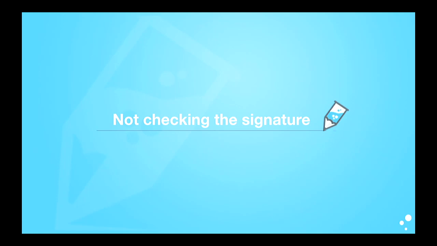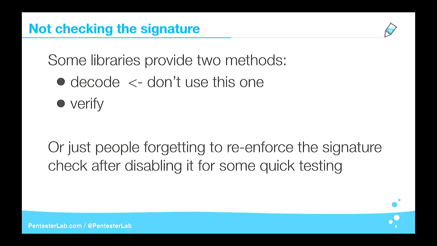First, what people do is they don't check the signature. For example, take a JavaScript library. It has 2 ways to get the data out of a token: one is decode, and one is verify. Unfortunately, way too many people use decode. So they end up with a token, and it works fine until someone starts messing with the payload and changes the username from hacker to admin.